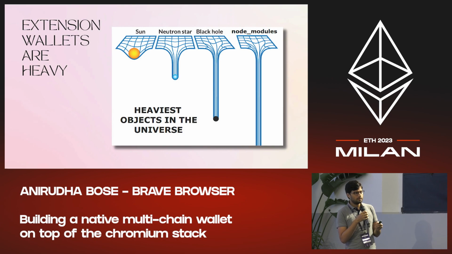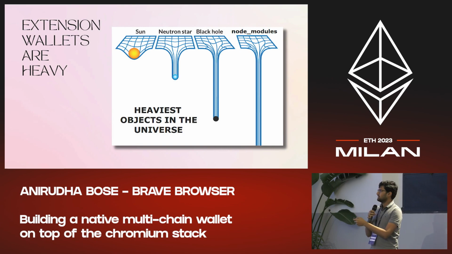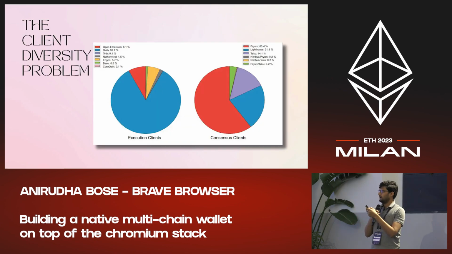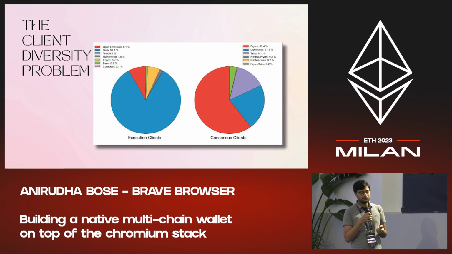So you don't know if they have security issues. And, well, you also inherit not just security issues, but also design flaws, architectural constraints, and so on. So they're heavy. And we also have a diversity problem.